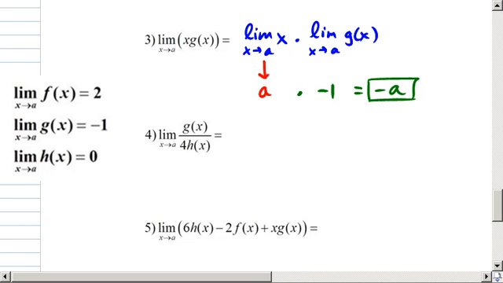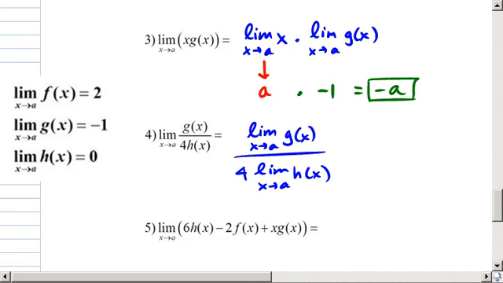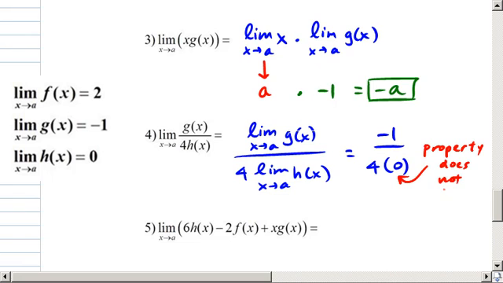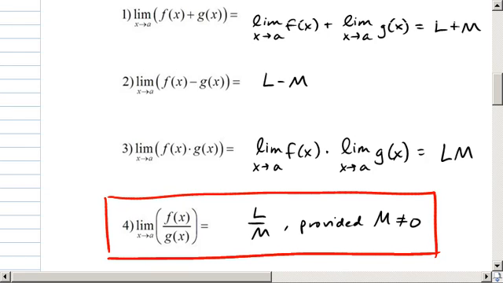Okay, kind of speeding things up here, we can rewrite number 4 like this. And this is what ends up happening. You can see here that we're going to have division by 0. So the problem here is that the property does not hold. In other words, if you go back to what we talked about earlier, in a previous video, we saw that this division property was only true provided that the denominator was not 0.